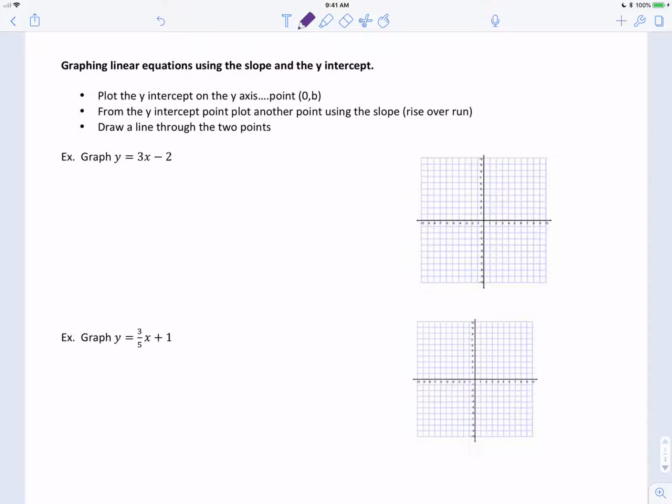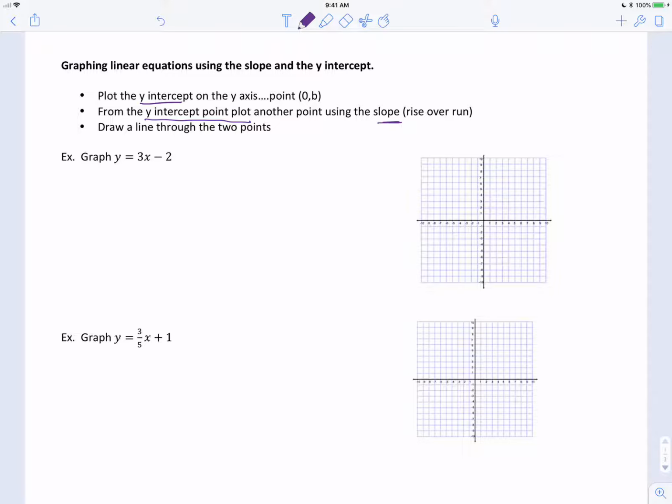First, make sure it's in y equals mx plus b. Second, plot the y-intercept, the point where it crosses the y-axis. So we look for that b, say (0, b), and plot that point on our graph. Then from that y-intercept point, we're going to plot our slope, rise over run.